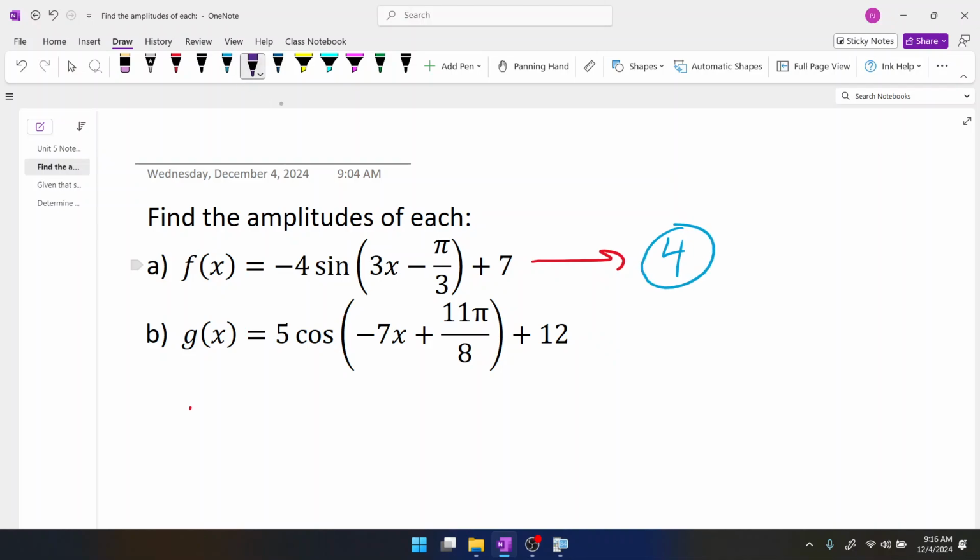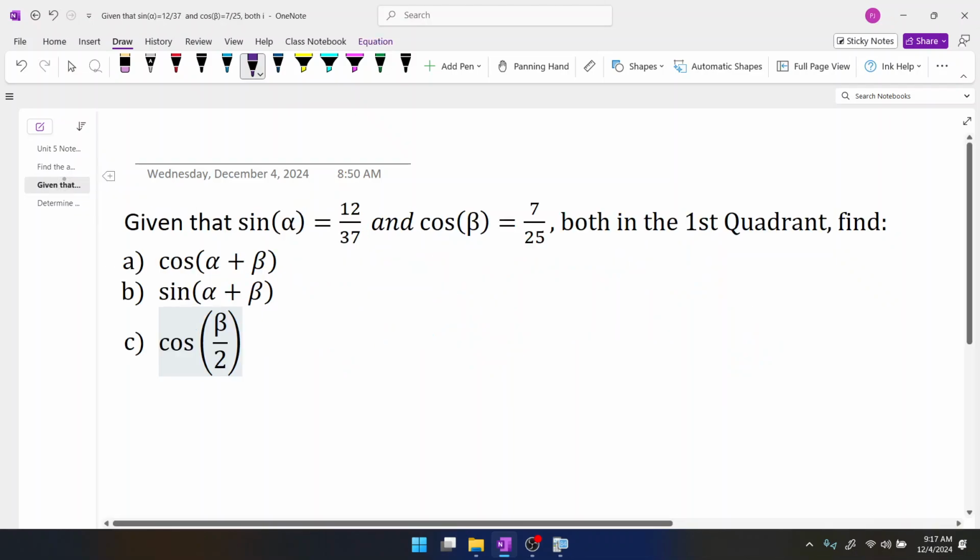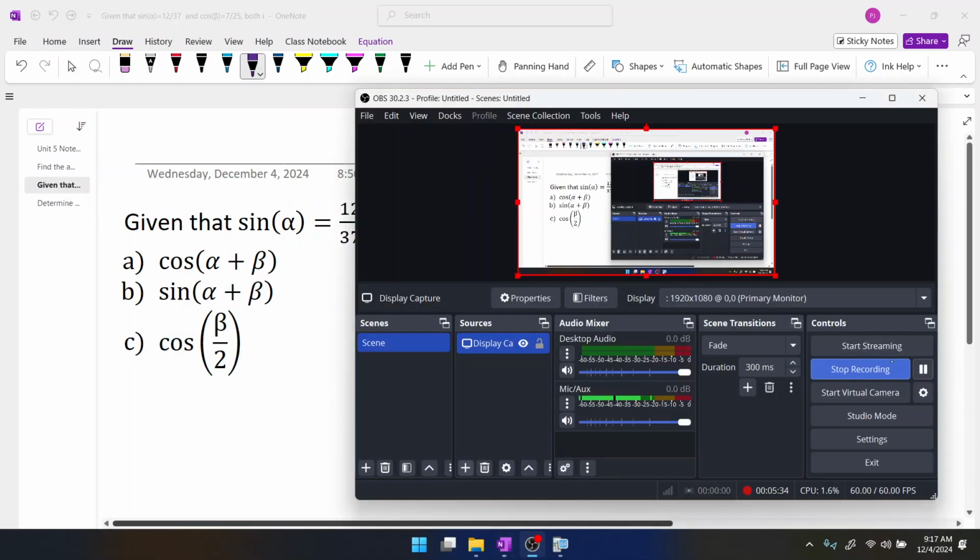Remember, the amplitude is the absolute value of what's in front. You might be thinking phase shift. Yeah, we'll get into that in a little while. And what about the amplitude for this second one? The amplitude is going to be 5, plain and simple. All right, so let you try these ones.